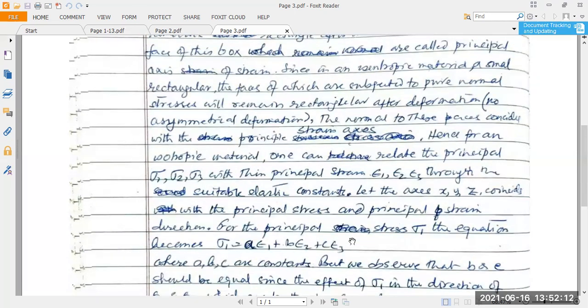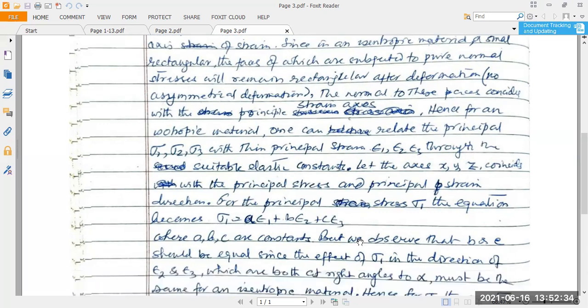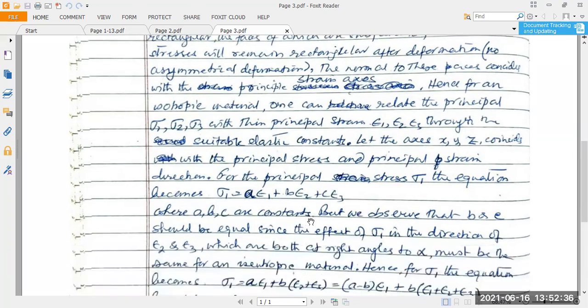Now let the axes X, Y, Z be along the principal stress and principal strain directions, as I just told you. If we represent sigma in terms of epsilon, sigma 1 will be A epsilon 1 plus B epsilon 2 plus C epsilon 3, where A, B, C are constants. But we observe that B and C should be equal. Why?